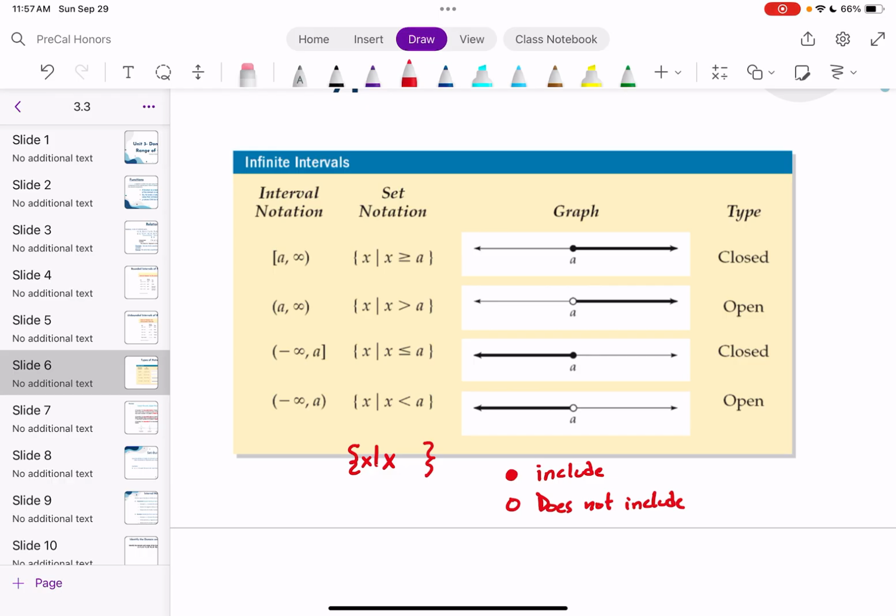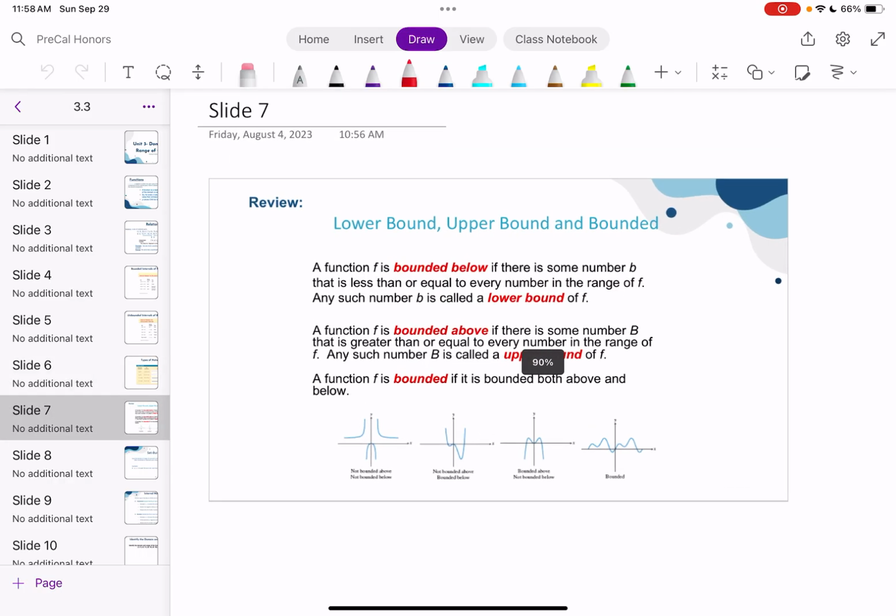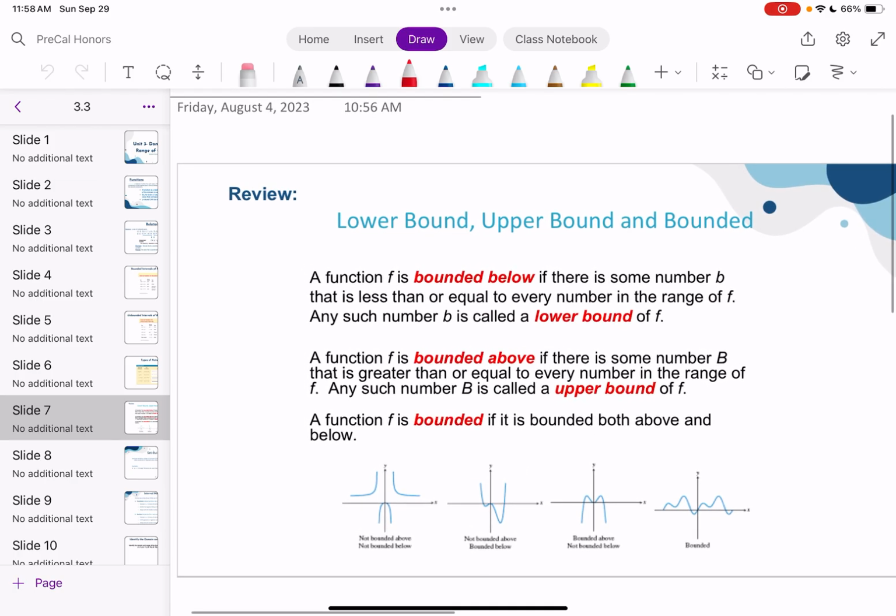Let's go ahead and take a look at slide 7. In slide 7, we begin to speak again of our upper-lower bounds and whether it is bounded. This is extremely important because it will give us an understanding of whether we are going to include such a number or not include numbers.